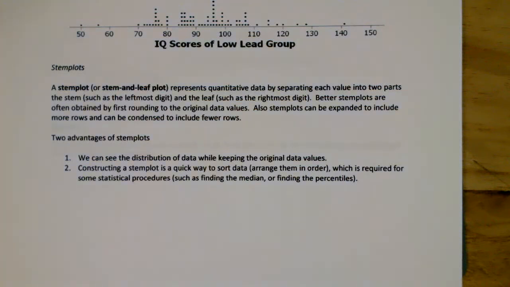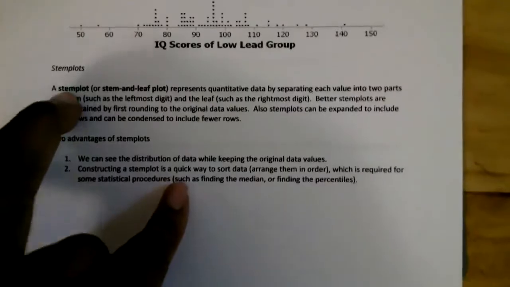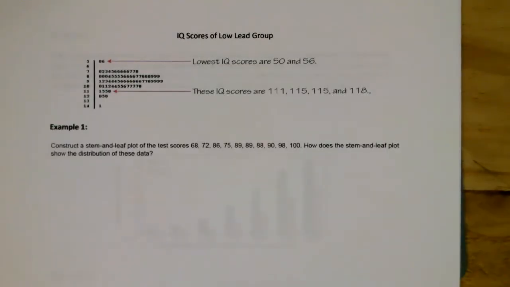Now, in the next chapter, we're going to be talking about finding percentiles and also finding the median. And you're going to find how important it is to have your data set sorted in numerical order, preferably from least to greatest.